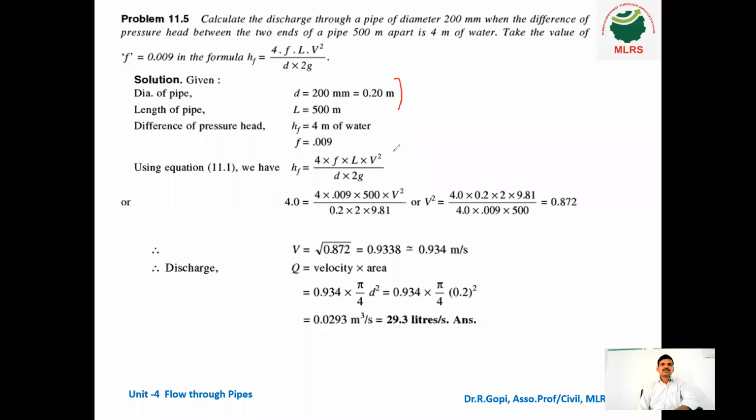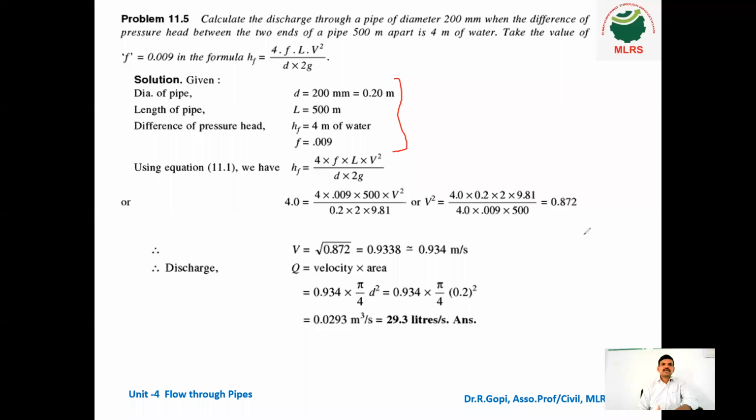These are all the given values. Now using the equation HF is equal to 4FLV square divided by 2GD.